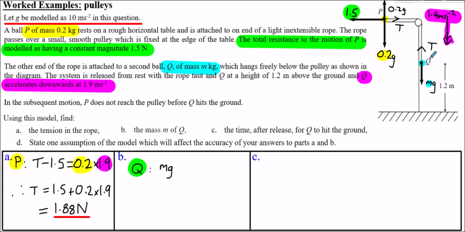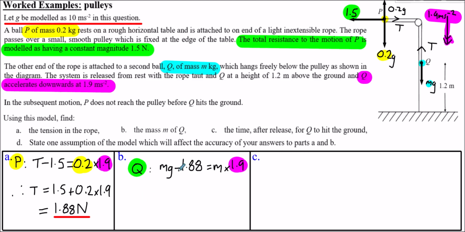Resisting it is the tension, which we now know is 1.88. And that'll now equal the mass of Q multiplied by the acceleration of Q. The mass of Q is m, the acceleration of Q is the same as the acceleration of the whole system, which is 1.9. So again, now we've worked out the tension is 1.88, we're good to go.